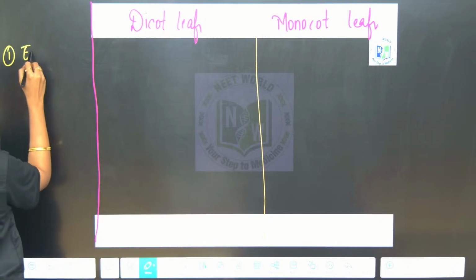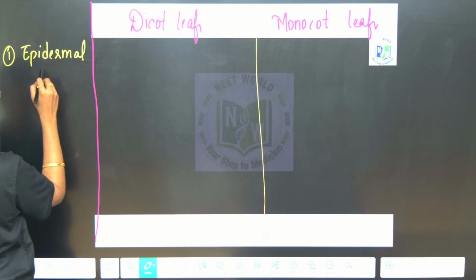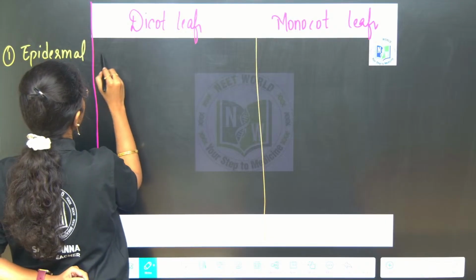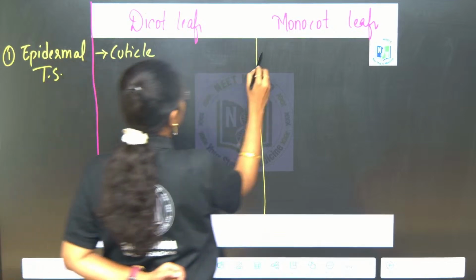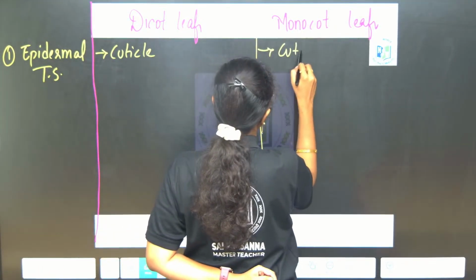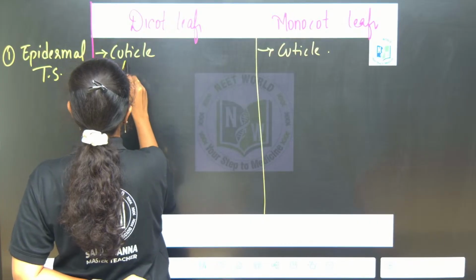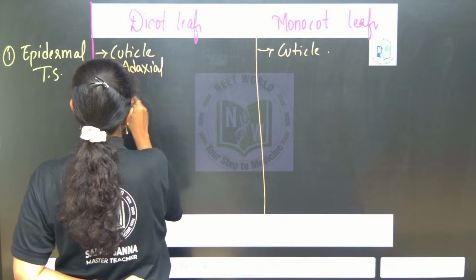First is epidermal tissue system, where here you have cuticle. Here also cuticle is present, yes or no? Here it is 2 layered, adaxial, abaxial.